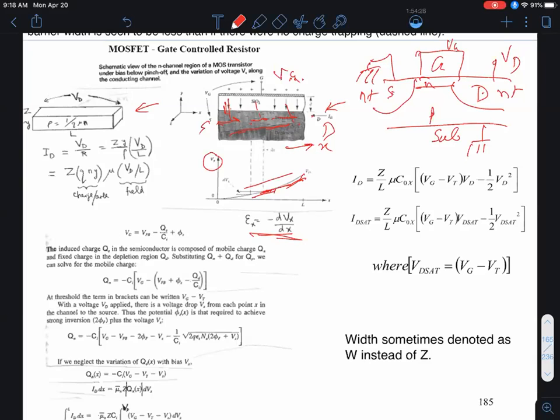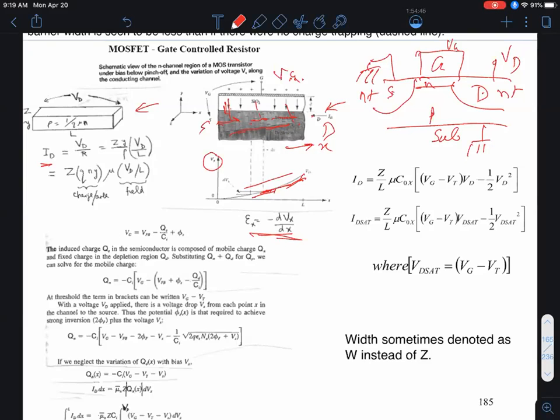So in this resistor, suppose I apply a voltage VD, and I'm calling it VD to correspond to the MOSFET where the applied voltage is VD, and the current flowing is ID. That's, of course, given by the voltage divided by the resistance of the resistor. That's Ohm's law, okay?